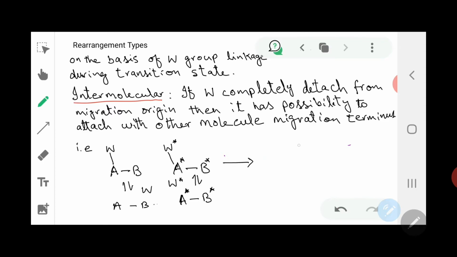And as a result of this combination, we get such type of molecules: AB with W asterisk, while the second AB with normal W. So such type of rearrangement is known as intermolecular rearrangement.